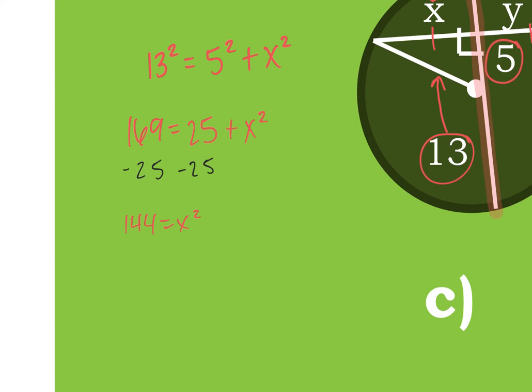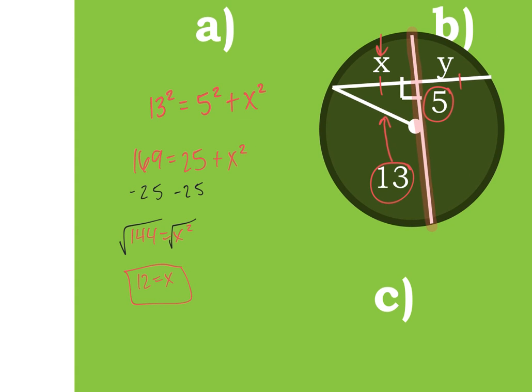What do I do from here? Take the square root of both sides, and we're going to get x equals 12. All right, so we found 12. And then what is y then? It's congruent. Oh, it's the same thing. Okay. You got it?